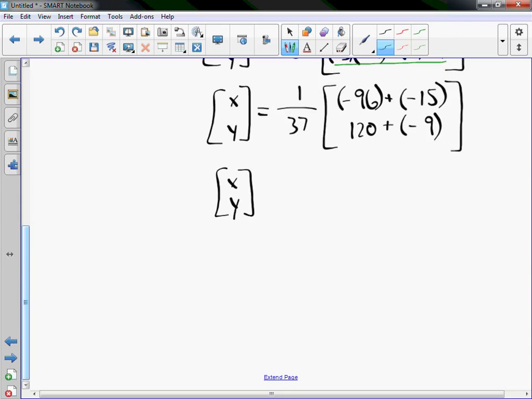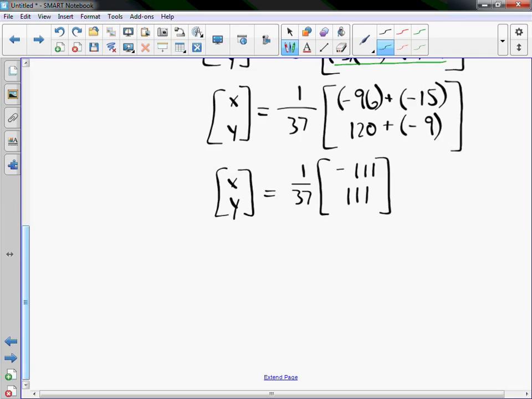We can bring this down with it. Our variable matrix, x, y, comes down, because the identity matrix times xy is just xy. We have 1/37. Negative 96 minus 15, negative 111, I believe. And 120 minus 9 is positive 111.